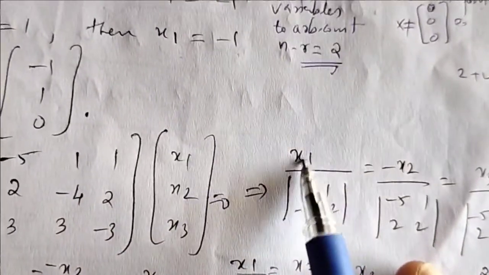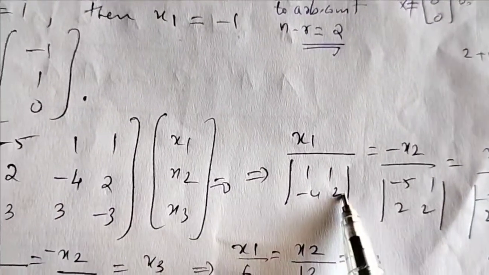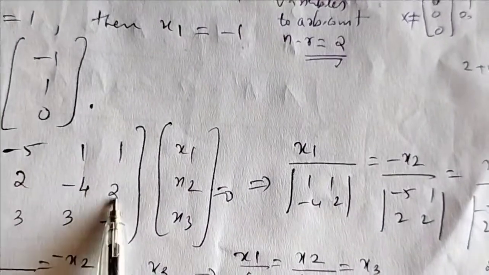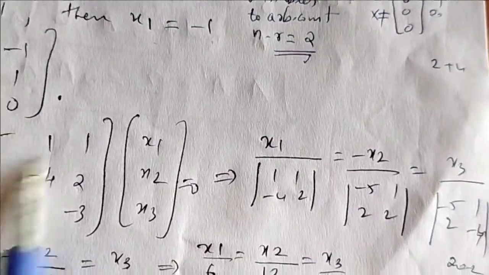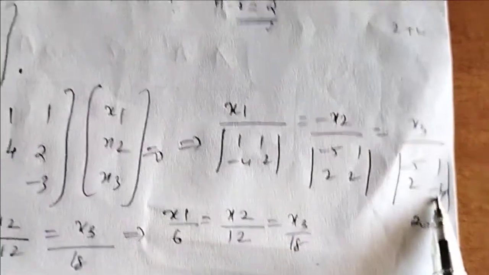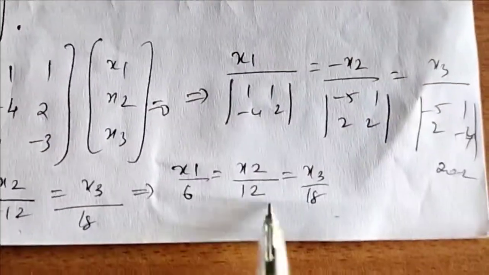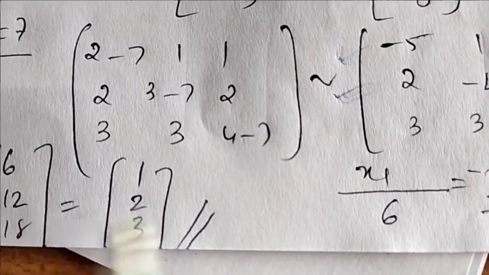Then as in the previous problem, x1 by the subdeterminant of 1 1, minus 2 minus 4, 2, minus x2 by minus 5 1, 2 2, then x3 by minus 5 1, 2 minus 4. So you get the denominators 6, minus 12, 18, or 6, 12, 18. So the eigenvector is 6, 12, 18, or 1, 2, 3, because 6 is a common factor.